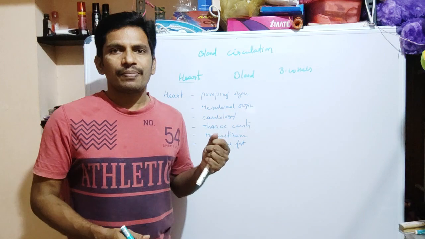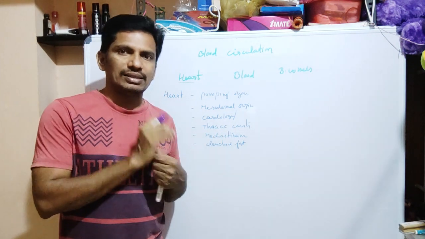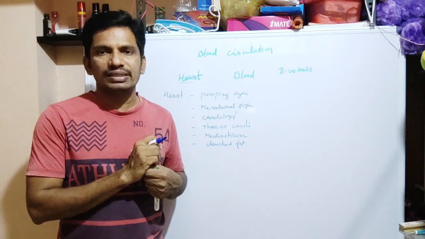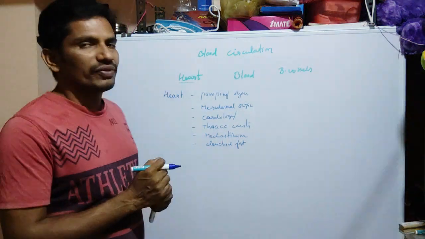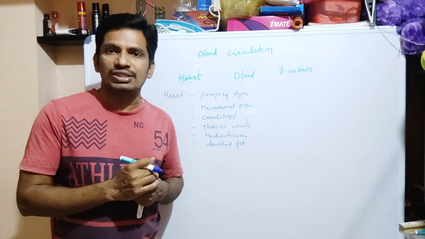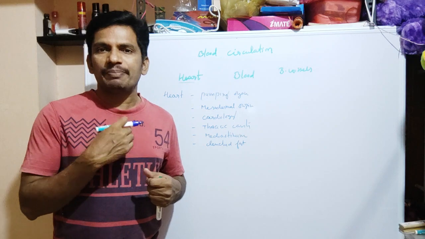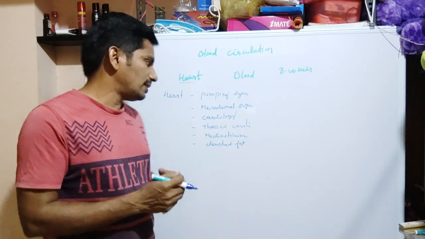It lies between the two lungs, slightly tilted towards the left side. That's the exact location of the heart. You know that the left lung has a cardiac notch. The left lung is smaller than the right lung because of the presence of the heart, right?